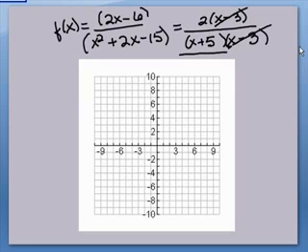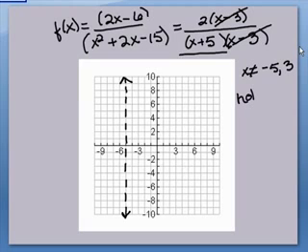So we would have a vertical asymptote at negative 5. Our domain, however, is still going to be all real numbers except for negative 5 and positive 3. But once again, because the x minus 3 canceled out, instead of an asymptote, we have a hole. So we have a hole in our graph at 3.